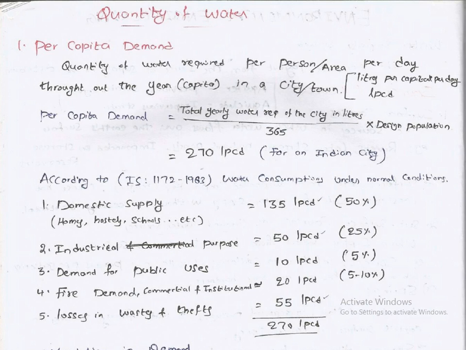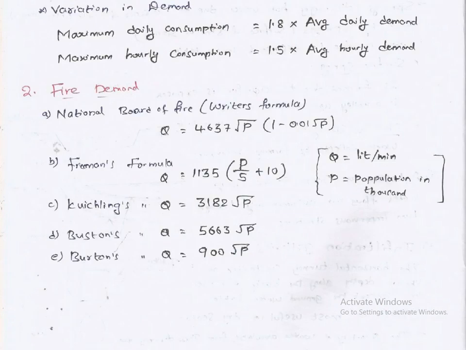Losses in waste and theft 55 LCPD. Total 270 LCPD. Variation in demand: maximum daily consumption is 1.8 times the average daily demand; maximum hourly consumption is 1.5 times the average hourly demand.